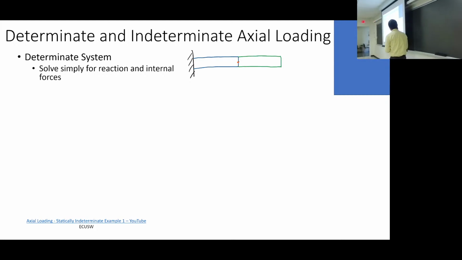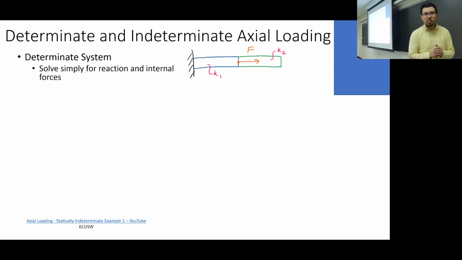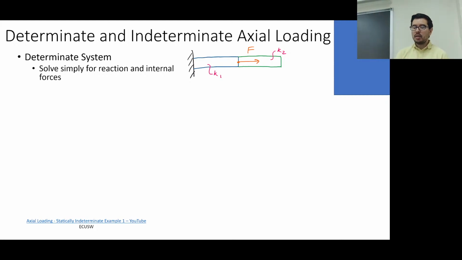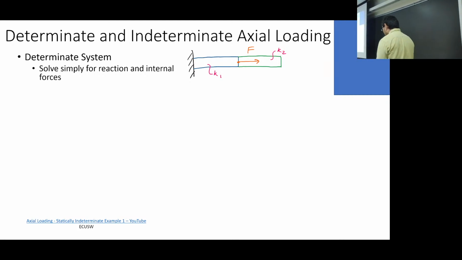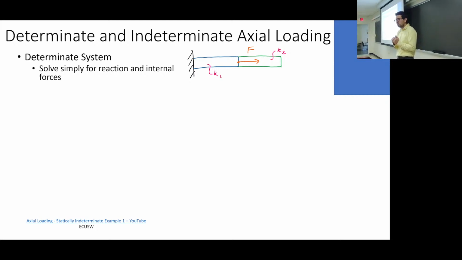So a determinate system is telling us that we just need to do equilibrium, and the number of constraints, okay, is going to be equal to the number of, I guess I should say that, the number of equations that you get in solving for equilibrium is going to be equal to the number of unknowns that you have. Okay? This will become a little bit more clear in a minute, I hope.